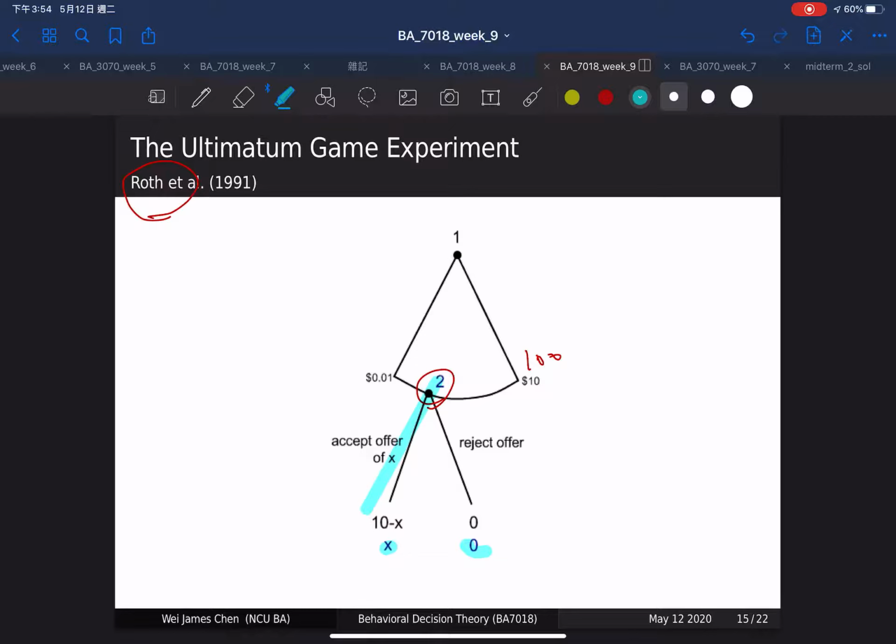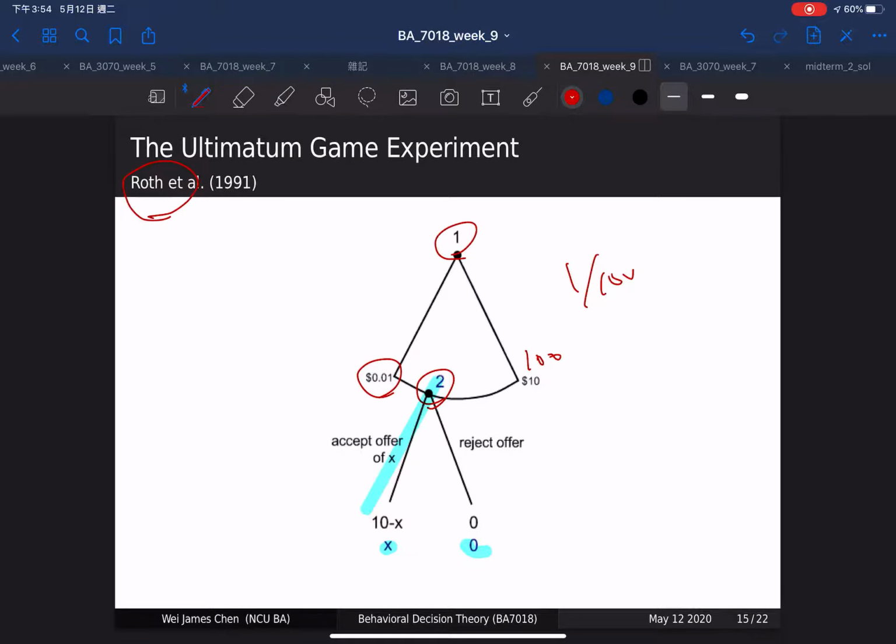If the first person knows this, the second person would accept as long as x is greater than 0. So what would the first person propose? Only a tiny amount, like 1 cent out of $10, or 1 point out of the 100 in your case. So the theoretical prediction is that the first person will propose 1, and the second person will take the 1, not decline it.